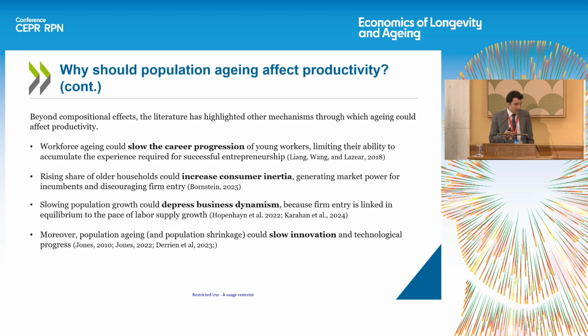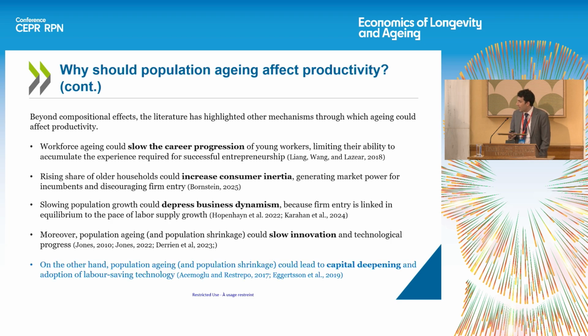And then, finally, the most important channel in the long term is, of course, innovation. And you may think that population aging or population shrinkage could slow innovation and technological progress. On the other hand, population aging and population shrinkage could also lead to capital deepening and adoption of labor-saving technologies, which would work in the other direction.